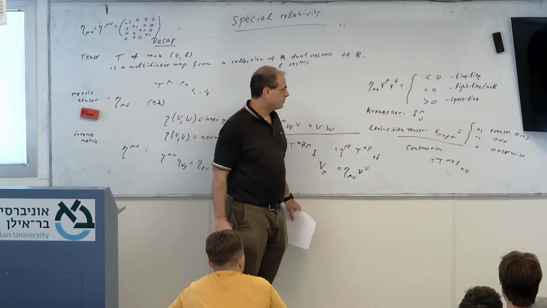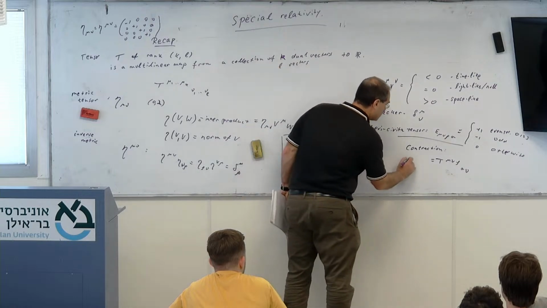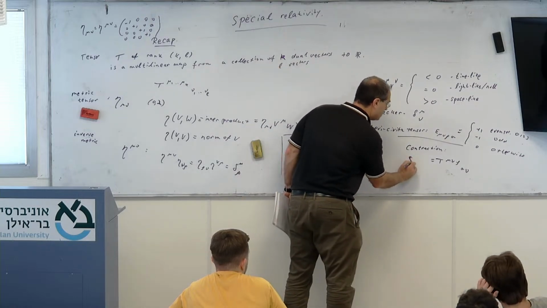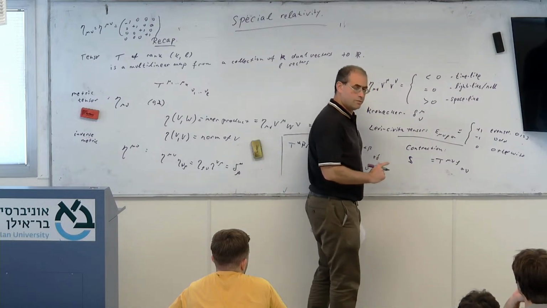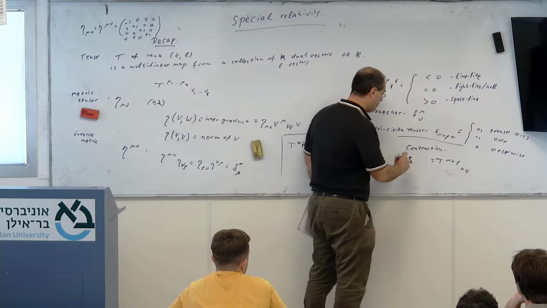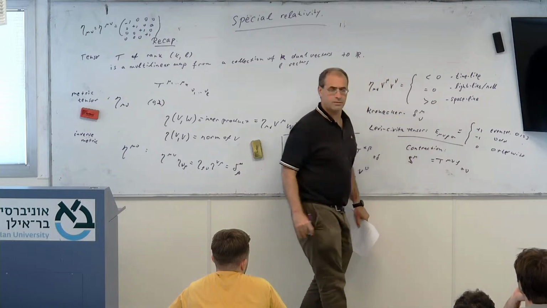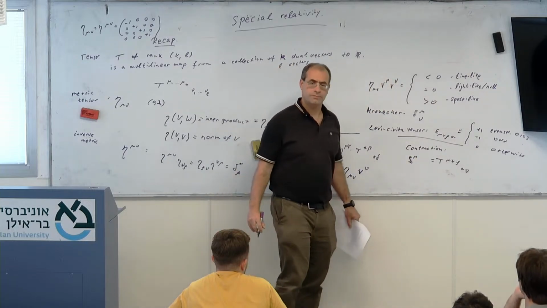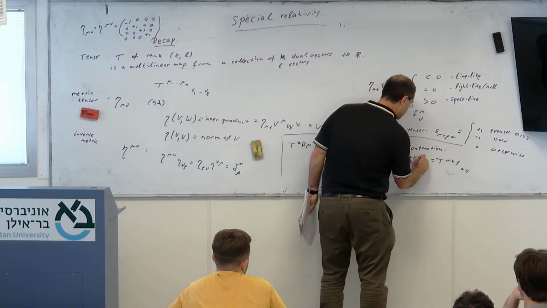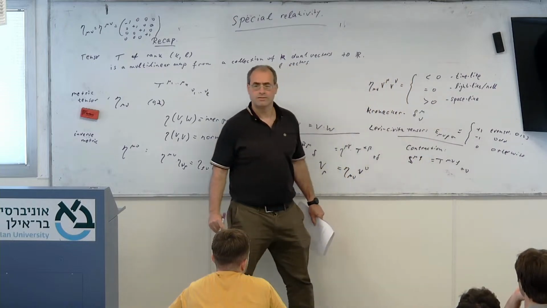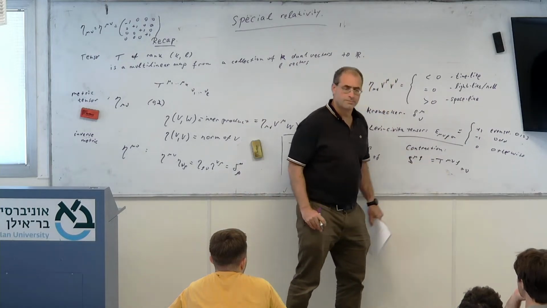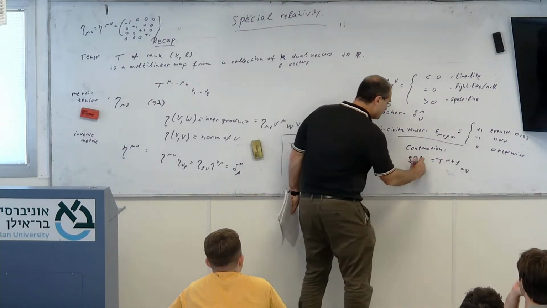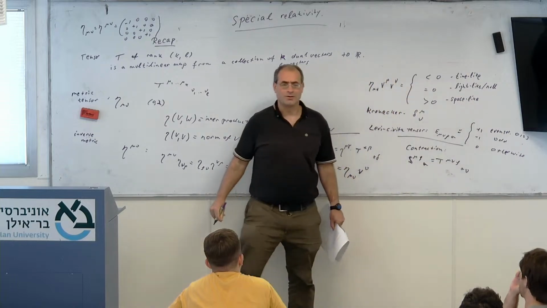It's a different tensor, so I'm writing it with a different name, S. First index, mu. Upper or lower? Upper. Second index, rho. Upper or lower? Upper. Third index, sigma, lower. I told you.